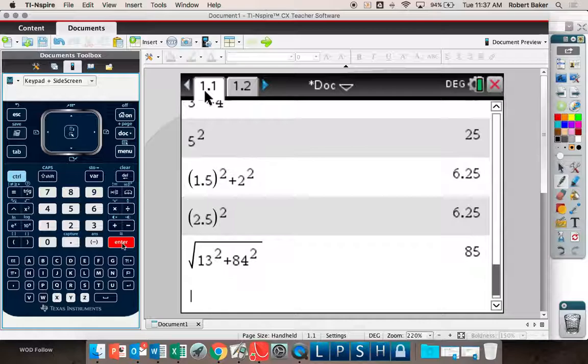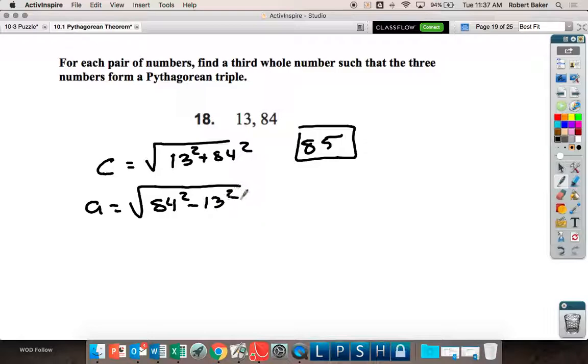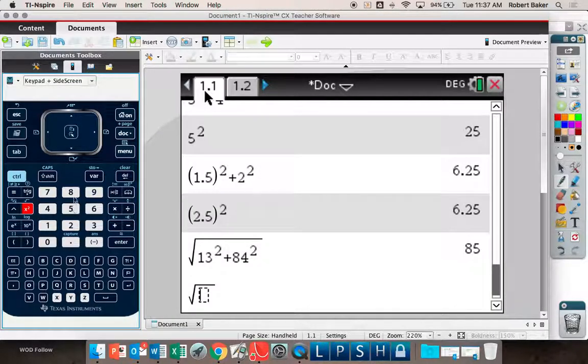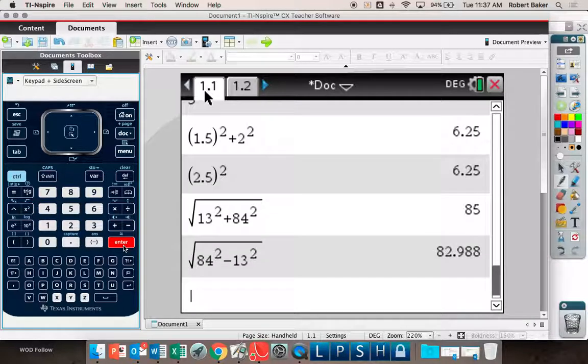What's the third number? 85. If you thought you were missing a leg, you would have done something like this. Decimal, no good. It's just trial and error until you get a whole number.